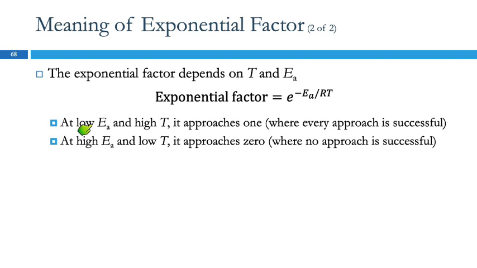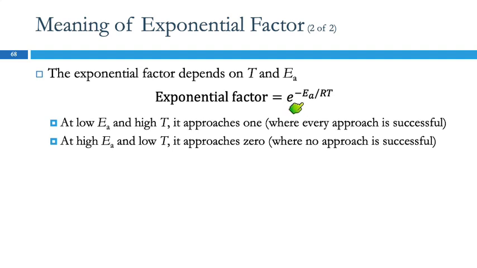So when the activation energy is low and the temperature is high, then this exponential factor is going to be getting closer to 1. And the reaction is more likely to occur because we have higher energy. We need a lower energy to get over, and we have a high temperature.